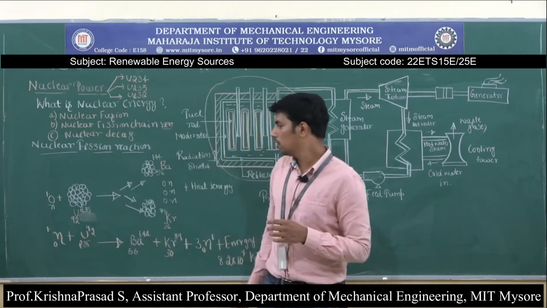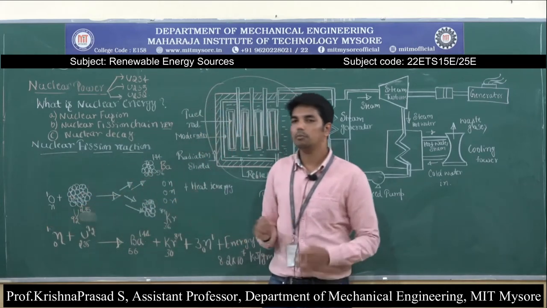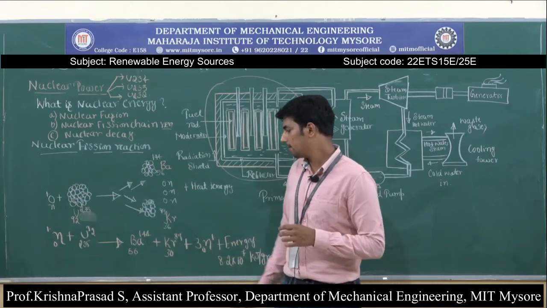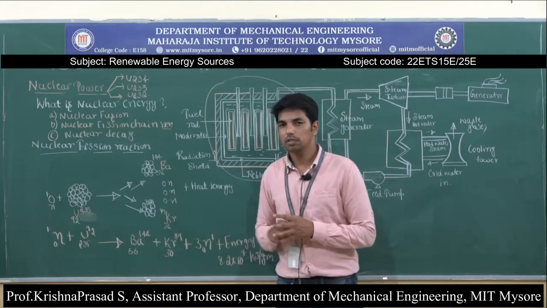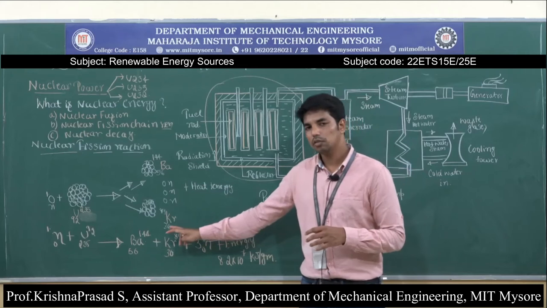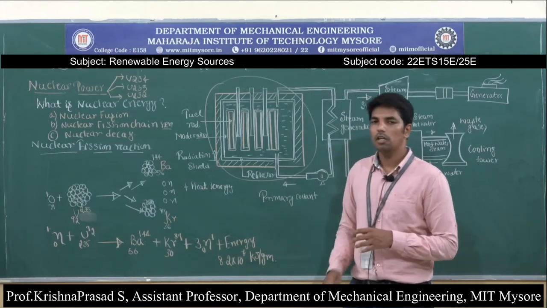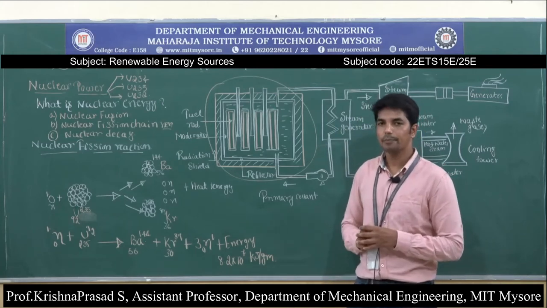Observe here, when a small particle called a neutron is bombarded with a uranium-235 atom, it splits into two lighter elements, barium and krypton, along with 3 neutrons and a large amount of energy in the form of heat and light, 8.2 into 10 to the power of 7 kilojoules per gram.